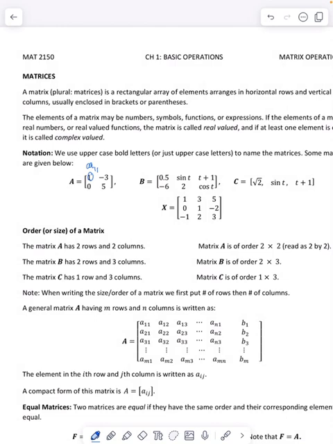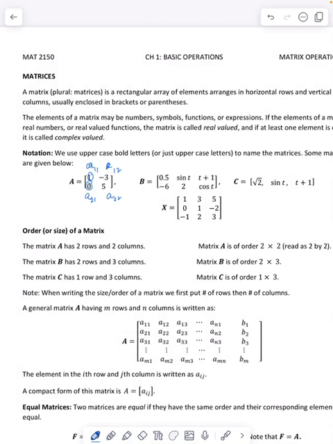And this -3 is the entry in the first row and the second column, so we can call it A sub 1 2. Now we go to 0. The 0 is in the second row and the first column, so this entry can be called A 2 1. In the same way, the 5 can be called A 2 2. This is how, in general, we write the entries of a matrix.